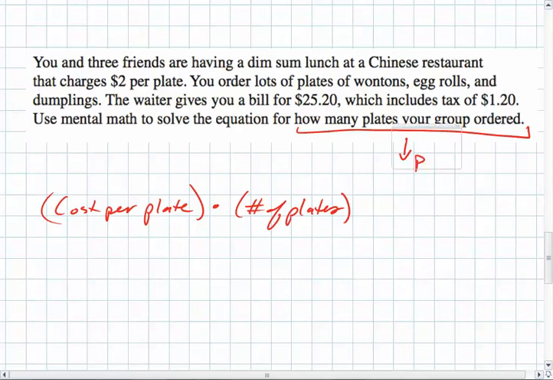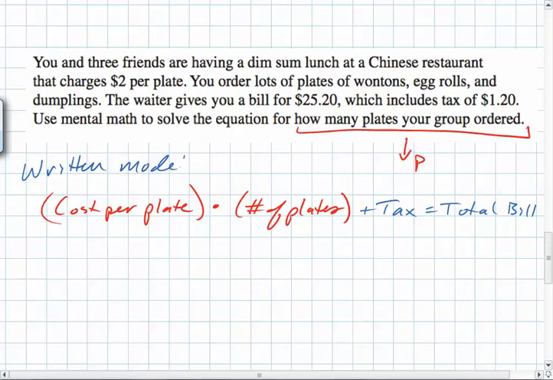But we know that our bill also includes tax, and we know that the total bill comes to, well, that's total bill. And now what we can do is start filling in for what we know, either with labels or numbers. So again, here's one written model. There's different ways in which you can do this, but here's one.